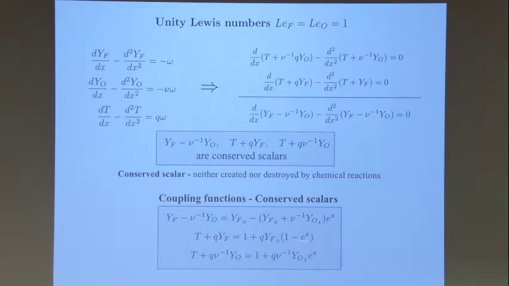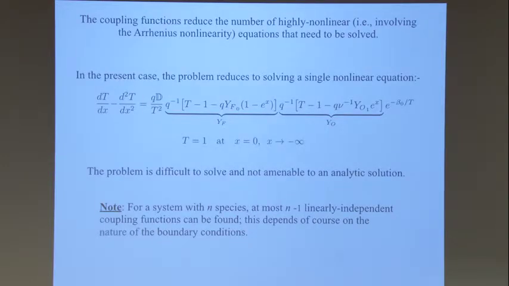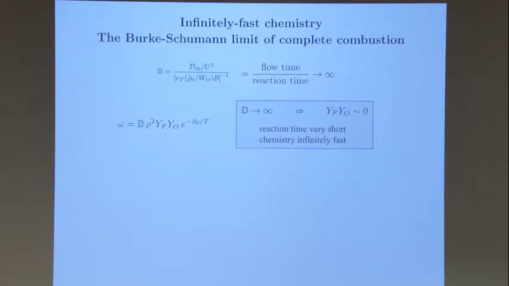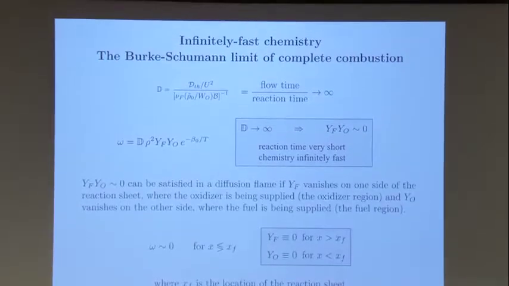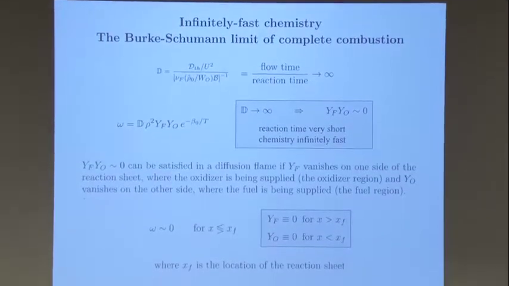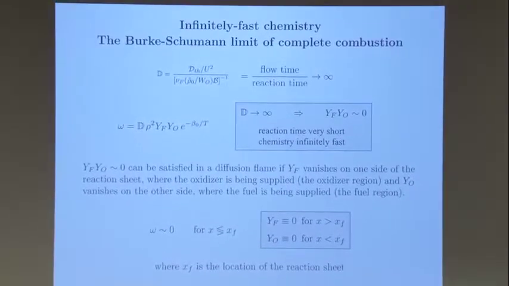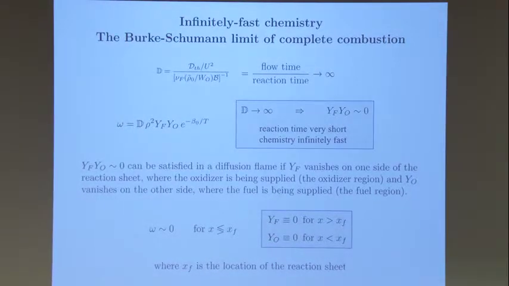The first line will be the temperature where the fuel is 0, and the second line the temperature where the oxidizer is 0. So from the coupling function, we in fact find everything. I will skip this, and we find the entire solution. So I described to you briefly what Burke and Schumann did.